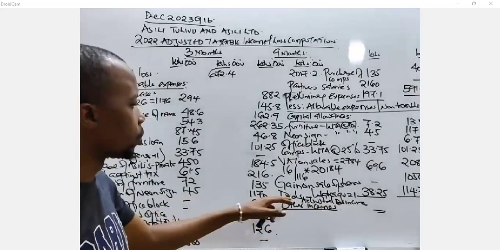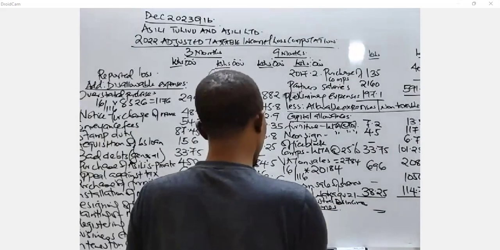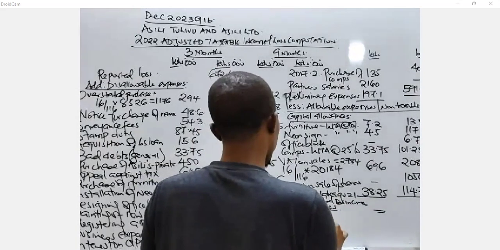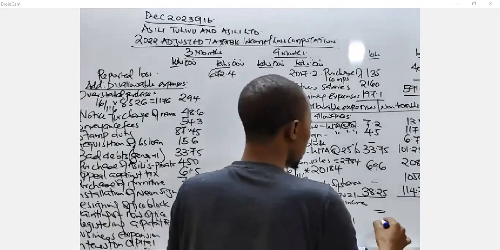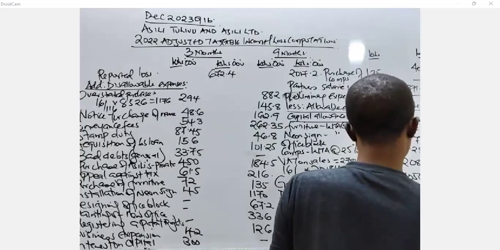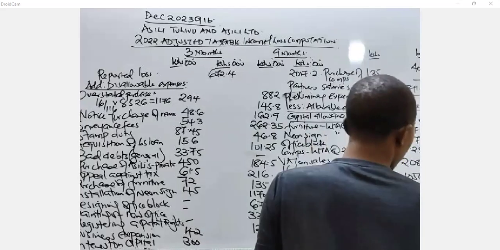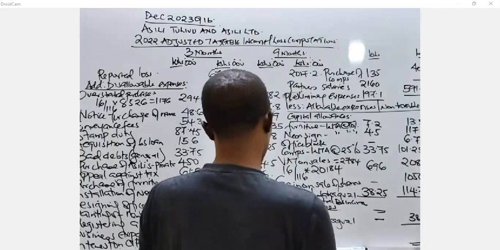But now, when you look on the dividends, you need just to give the proportion for the dividends for Wakaguzi. So you give it to the company, that is 38.25. 38.25.